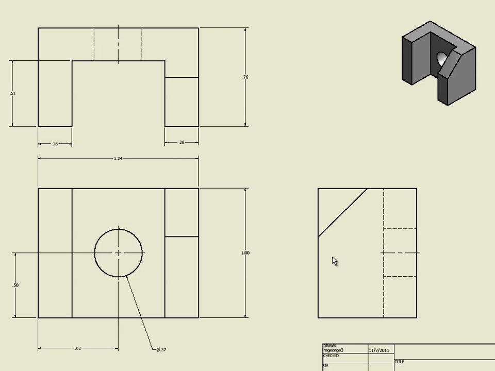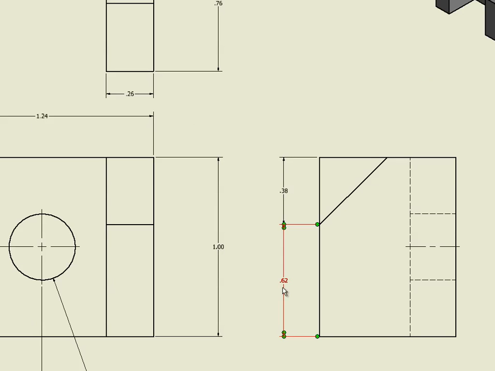Okay. And then I need to know something about this chamfer. So what I can do is dimension between here and here, and that gives me that edge right there. Now, can I put a dimension between here and here? The answer is no, because 0.62 and 0.38 add up to 1, and that's called double dimensioning.